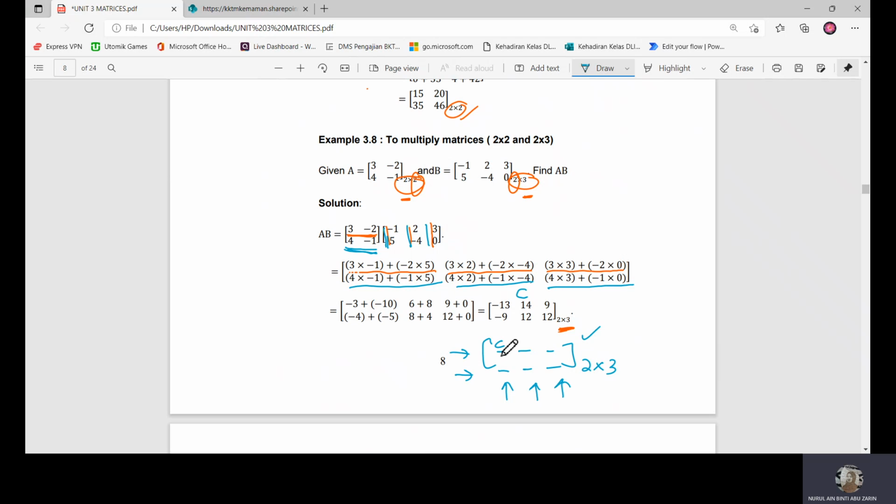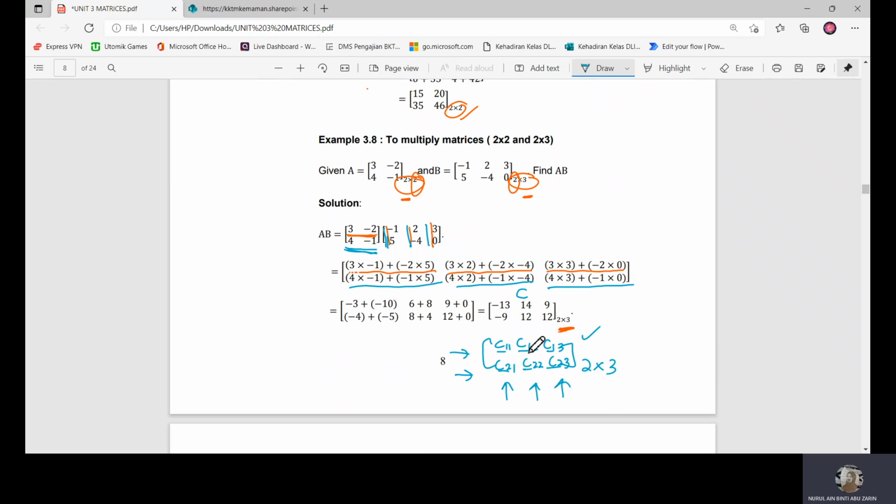So the elements will be C11, C12, and C13 over here, and C21, C22, and C23. When you see that the element is C11, you have to multiply the first row and the first column to get the first element.